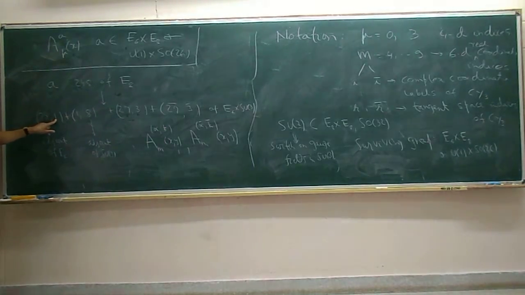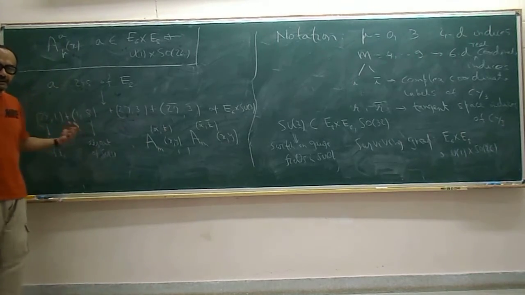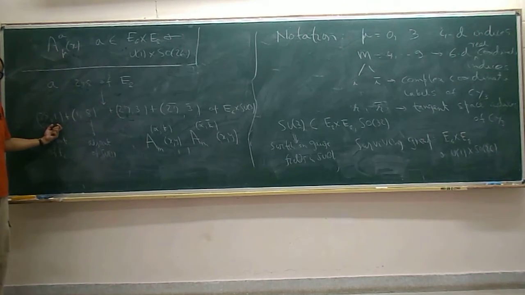This is a singlet of SU3. If you are looking for scalar fields here, you are looking for basically harmonic one forms. The component of this in the internal space is a one form, right? And it doesn't couple to the background gauge field, because it's a singlet of SU3.